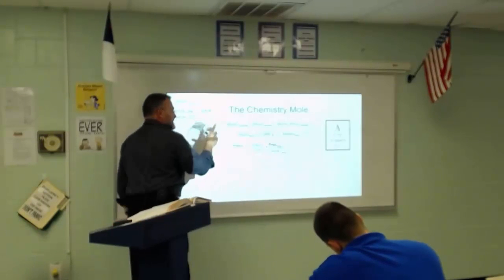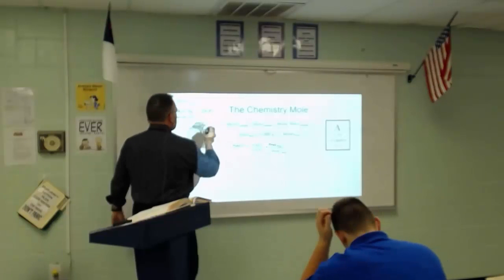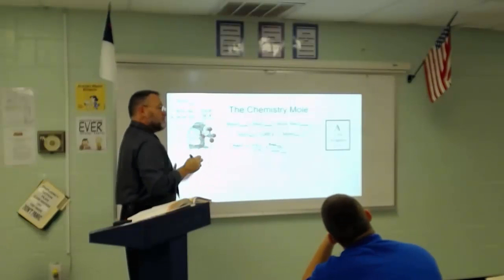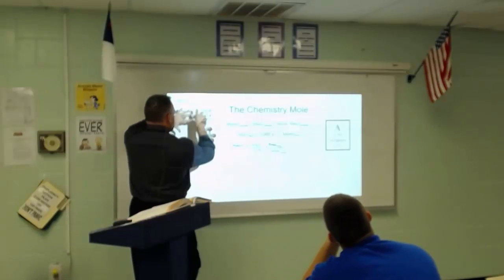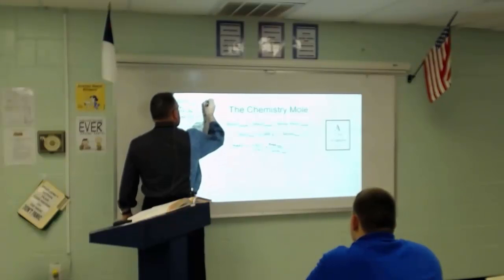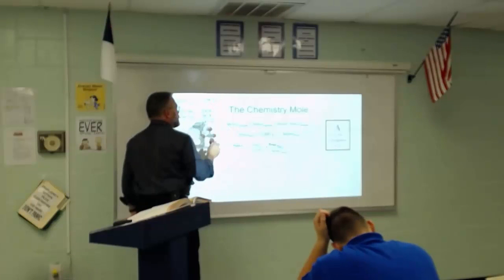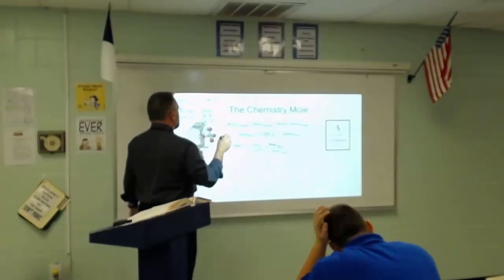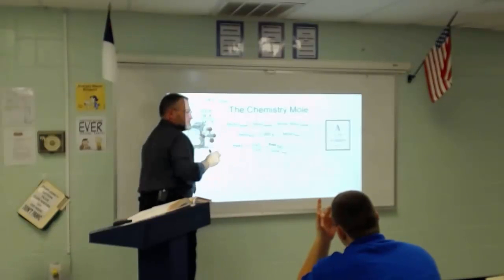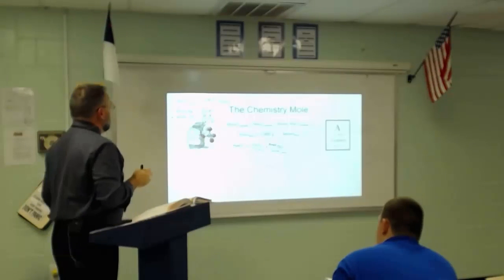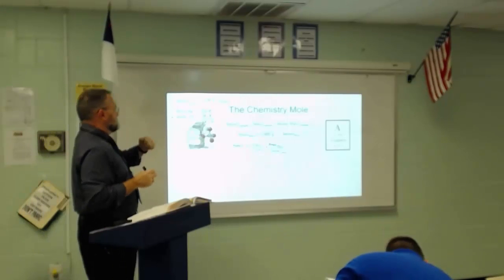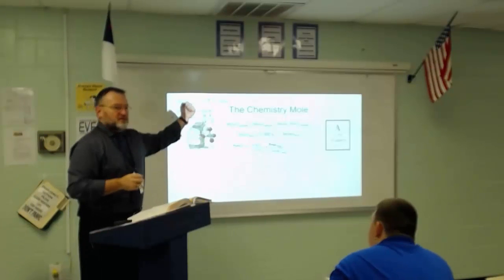And of a single chlorine? 35.5. We're going to have that one memorized. 35.5 and 23.0 give a molar mass of sodium chloride, the compound, of 58.5 grams per mole. The molar mass is 58.5 grams per mole. Why? Because 1 mole is 58.5 grams.